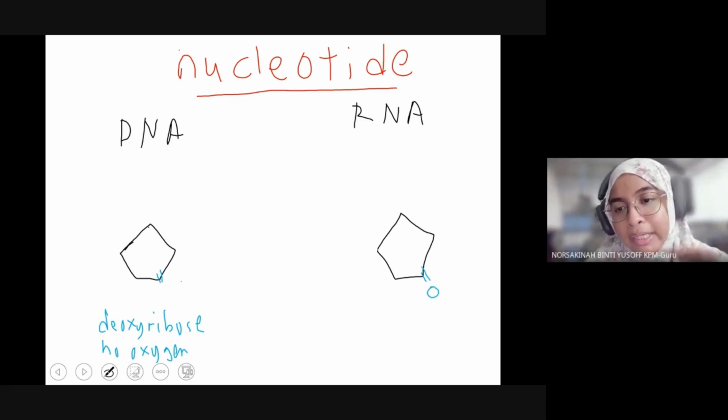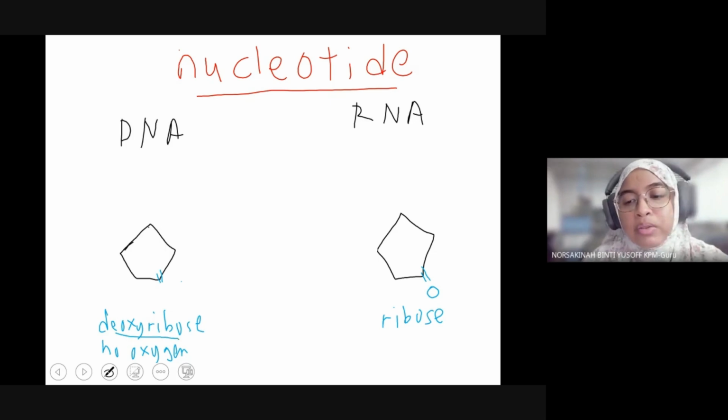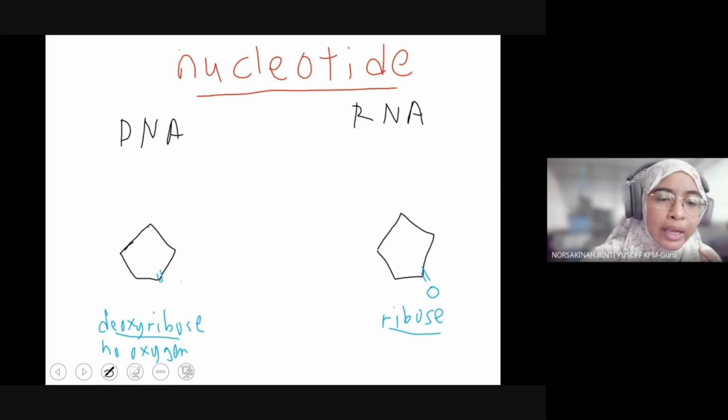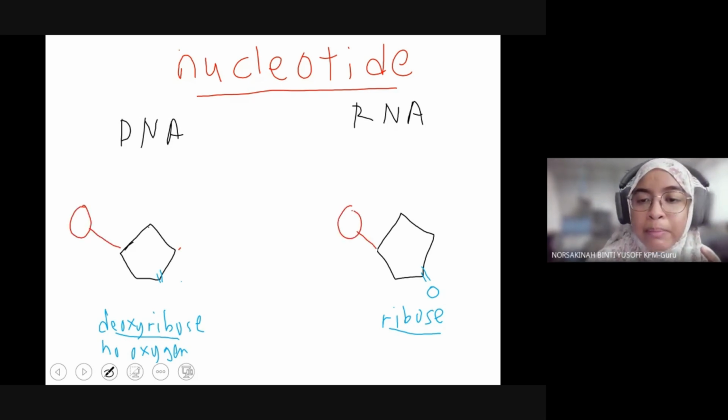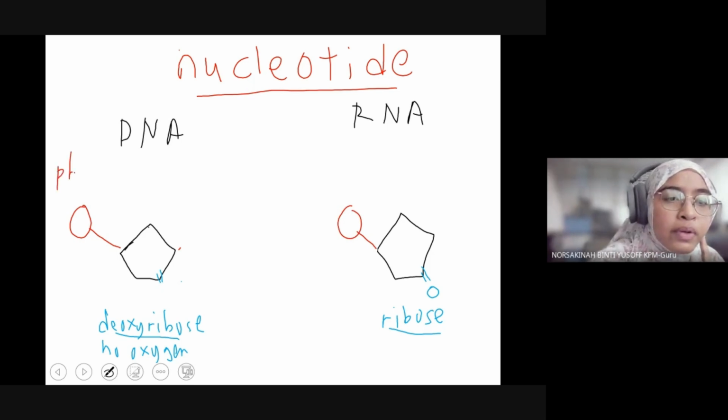That is why the sugar here is called ribose, while the DNA one is called deoxyribose. The name is no oxygen ribose and ribose. And then what else do they have? They will have a phosphate group over here. This is a phosphate group. Phosphate group is the same for both.